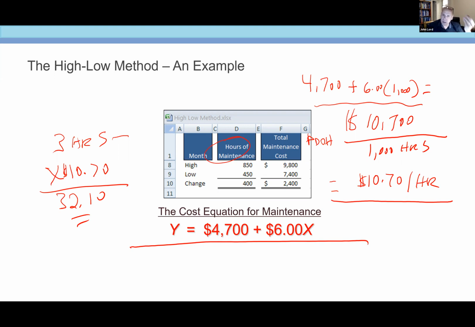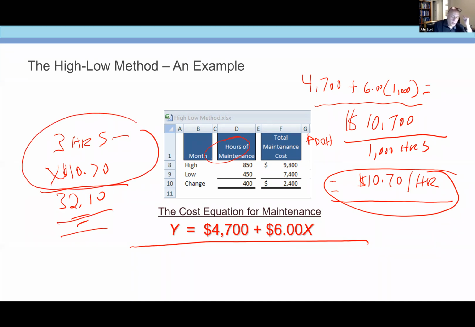We used high-low. I might give you one question on high-low. I'm much more interested that if I give you this, which is what an accountant would expect the analysis folks, the engineering folks, to give them, a predetermined overhead rate, then they can use it to apply to different products, different jobs.